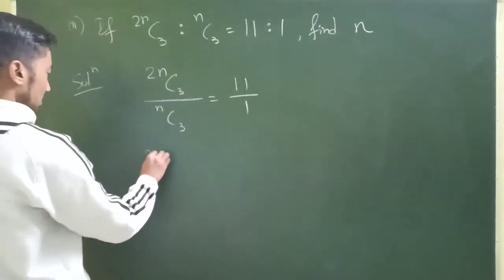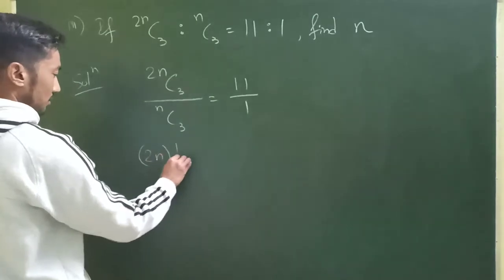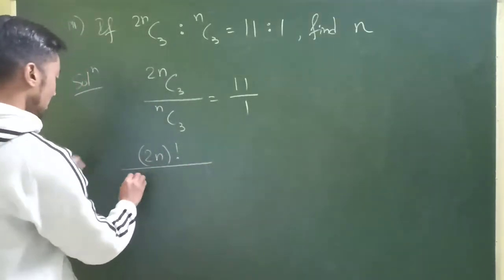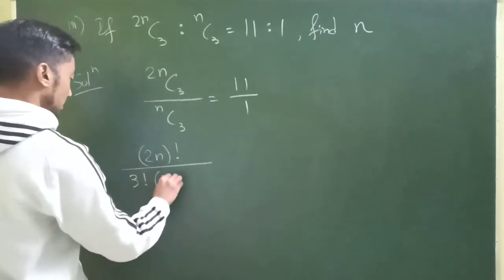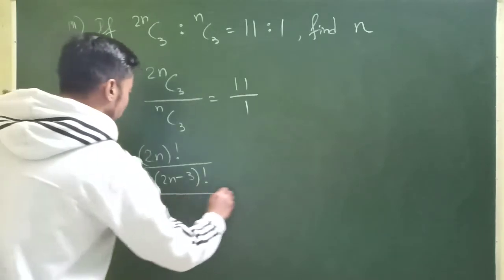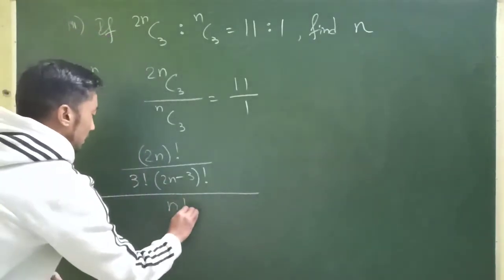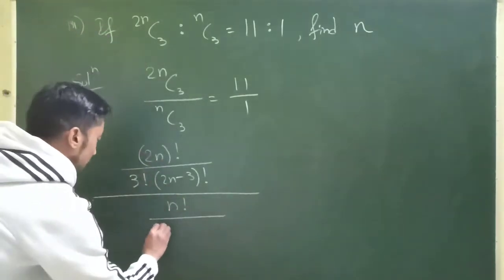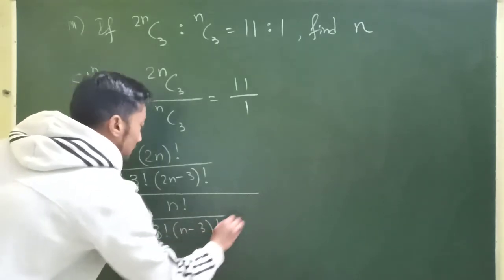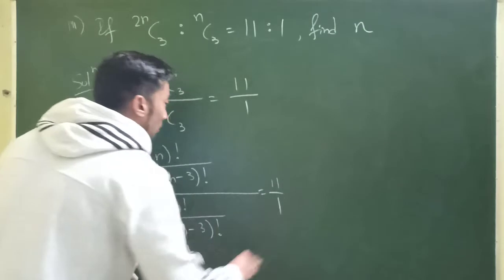2n C 3, that is, n C r is n factorial upon r factorial, n minus r factorial. So 2n factorial over 3 factorial (2n minus 3) factorial, divided by n factorial over 3 factorial (n minus 3) factorial, is equal to 11 by 1.